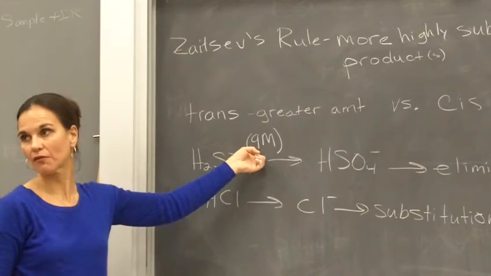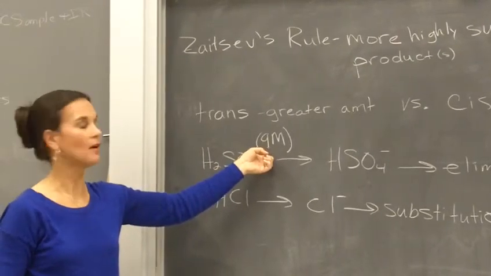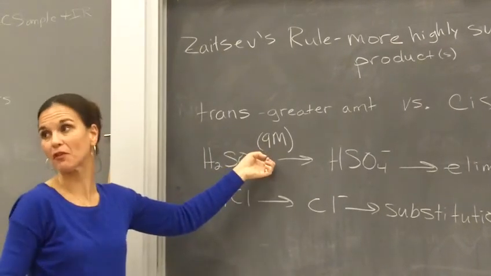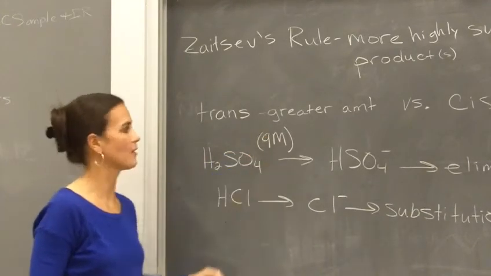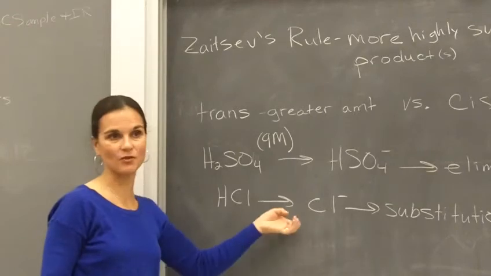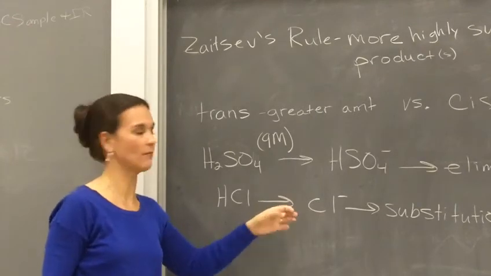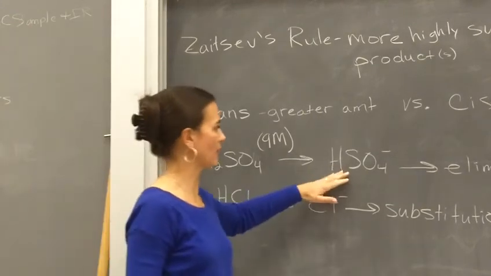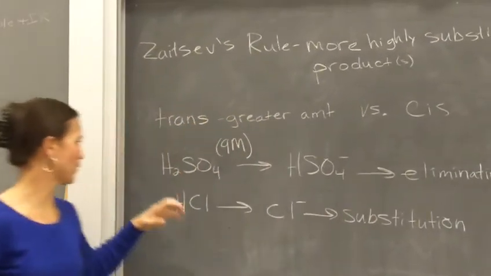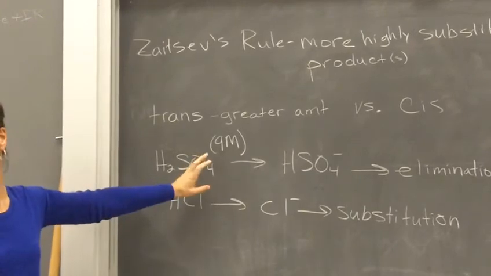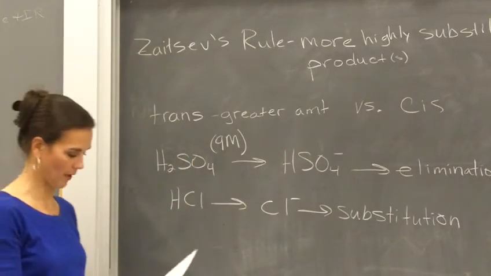It's the same sulfuric acid you used last week, but last week you ended up diluting it before you worked up your Grignard reaction. This time we're using the 9 molar sulfuric acid, and we're going to heat it and distill with it, all right? So be careful handling that, wear gloves, and make sure you keep it contained. Any spills we have, we want to make sure we get cleaned up right away, okay?